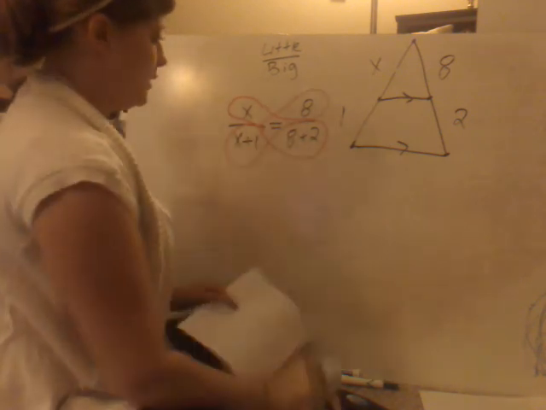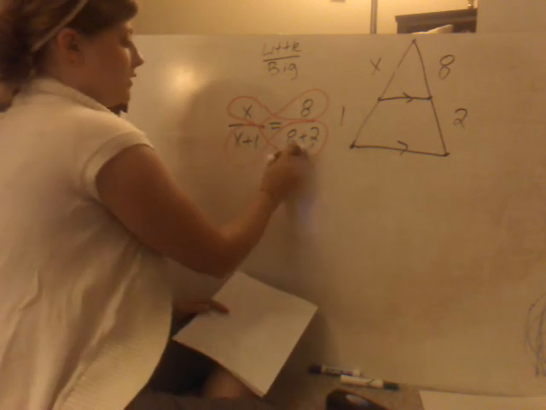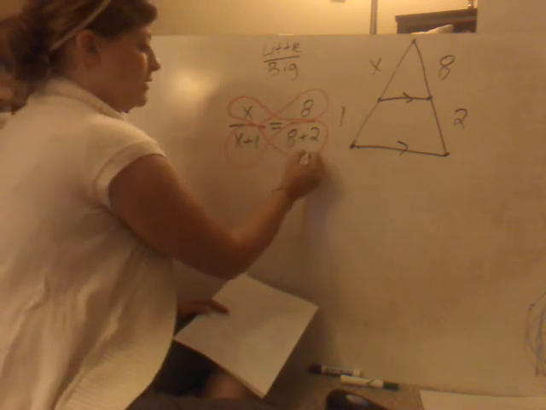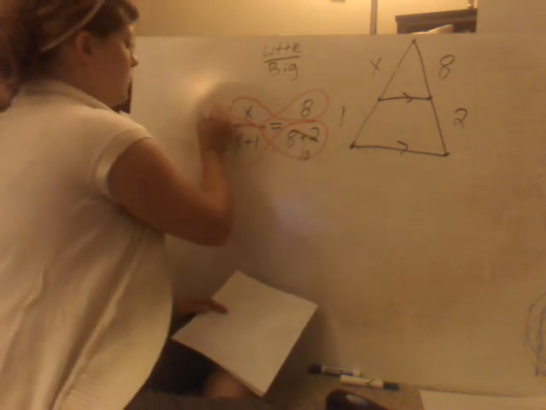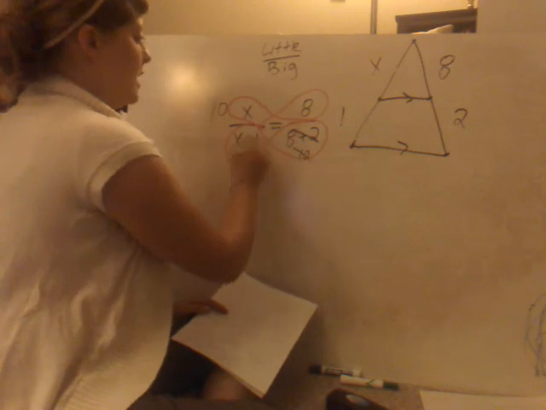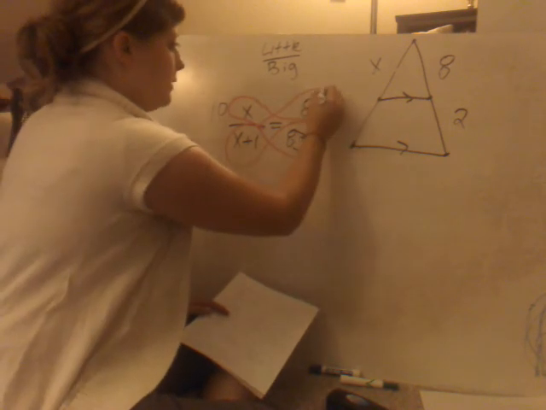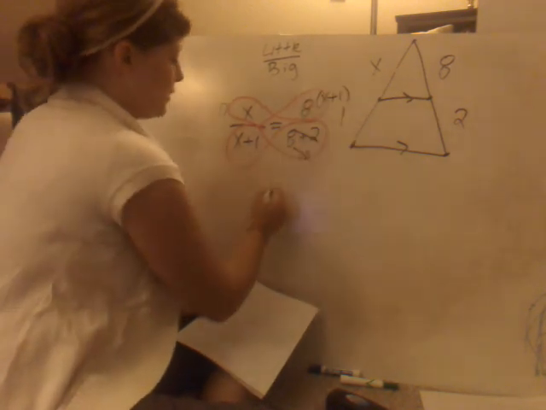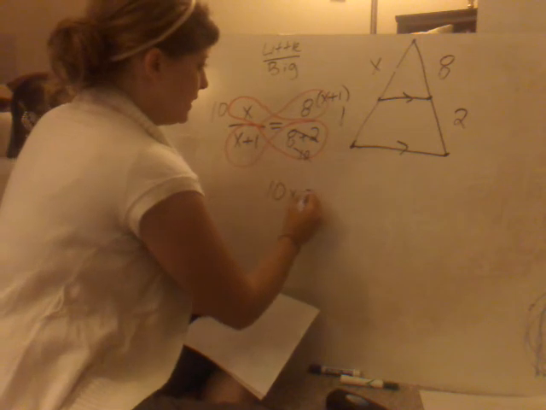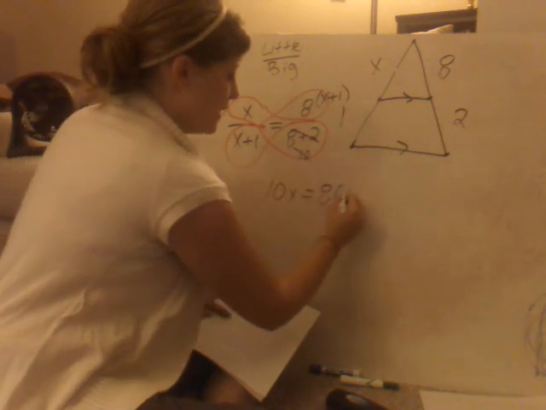So now I'll multiply the x. So this is 8 plus 2, which is 10. So I'll multiply this by 10, so that's gone. And then this by x plus 1. You can also write this as 10x equals 8 times x plus 1.